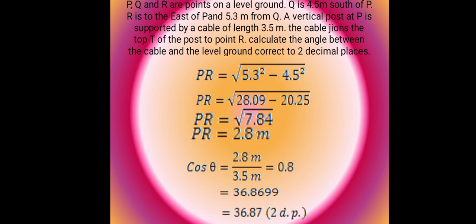The cable joins the top of the post to point R. Calculate the angle between the cable and the level ground, correct to two decimal places. Now here you can just draw a right angle triangle and appreciate what we have been taught, and following my working you will get the angle to be 36.87 degrees.